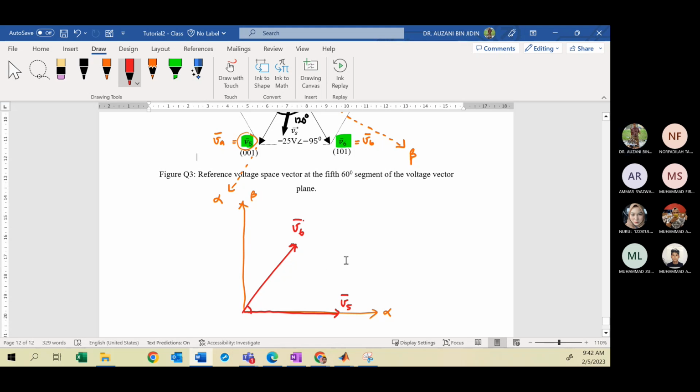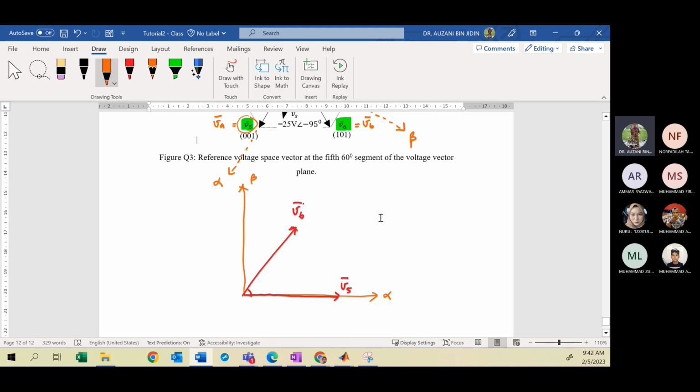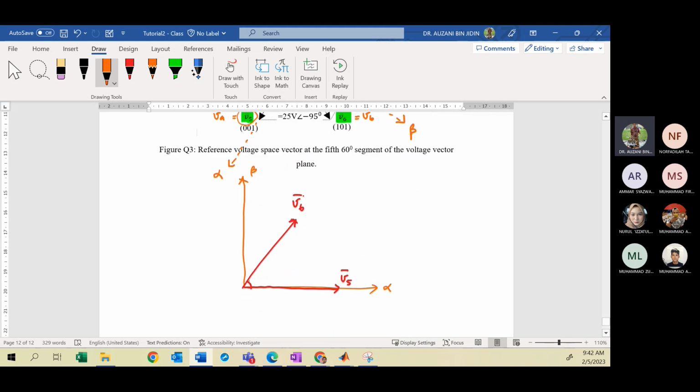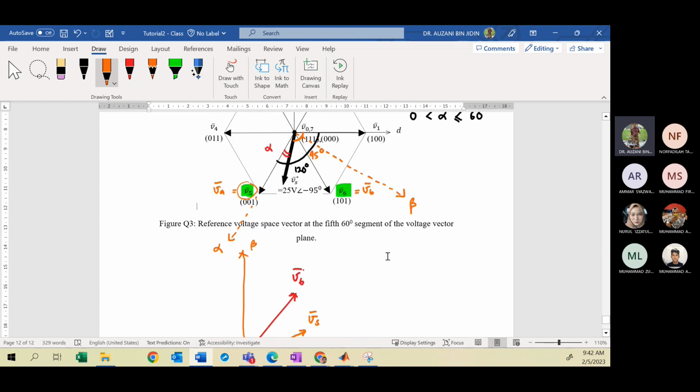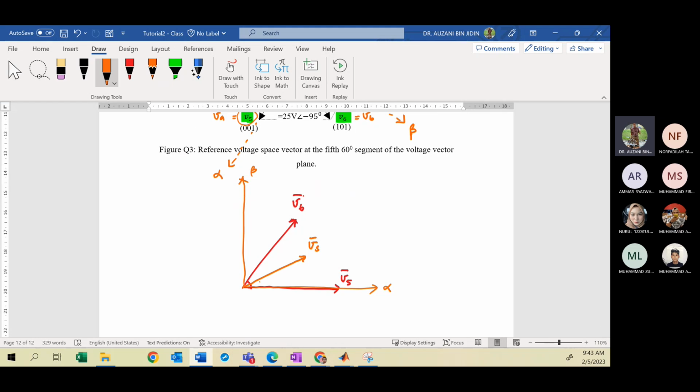Then you need to sketch the resultant vector Vs. So your VS will be here, right? So this is your VS. Then you indicate the definition of alpha, where alpha is the different angle between VS and V5, right? So this is the alpha.